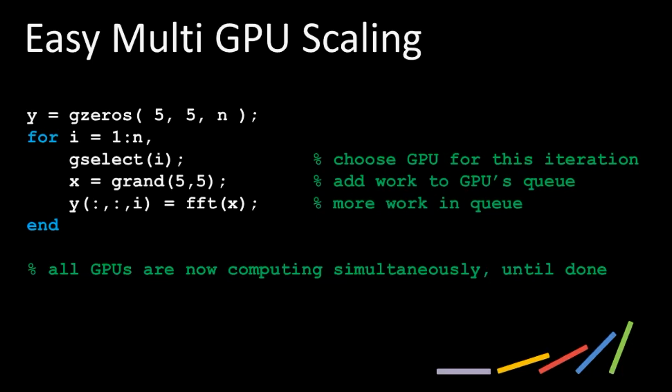Now, these CPU threads are heavier, and that means they're slower. They're not able to toggle between multiple GPUs as fast as the code on the screen is able to with the gselect function. But they're able to do more. They're more versatile in that they're able to mix CPU computation with GPU computation through Jacket.